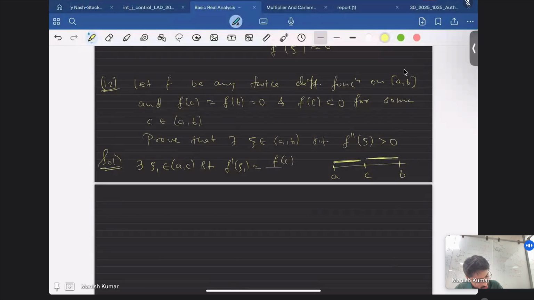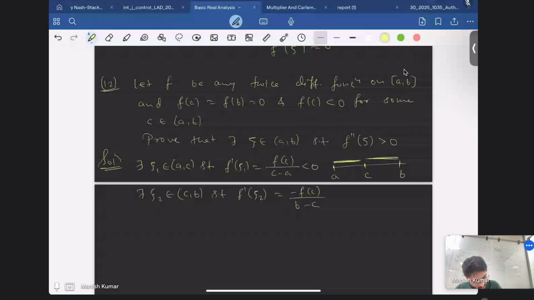So you have got zeta 1 somewhere here, zeta 2 here. So again I'll use the mean value theorem: there exists zeta belonging to (zeta 1, zeta 2) such that f double prime at zeta is equal to (f prime of zeta 2 minus f prime of zeta 1) upon (zeta 2 minus zeta 1).